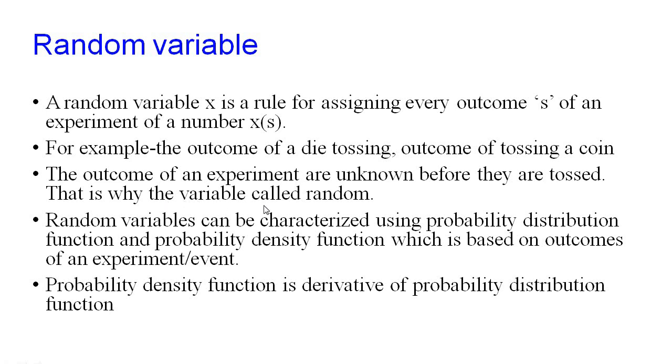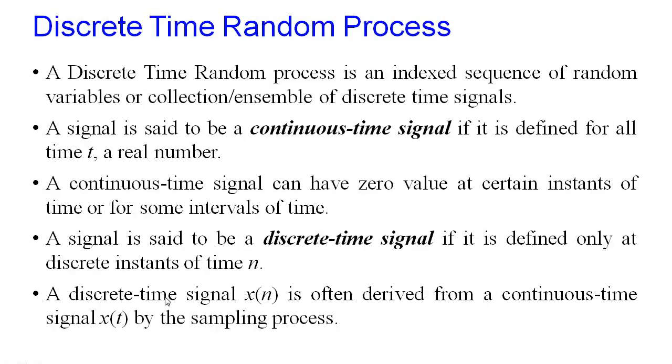That is why the variable is called random. Random variables can be characterized using the probability distribution function and the probability density function, which are based on outcomes of an experiment or event. The probability density function is the derivative of the probability distribution function.